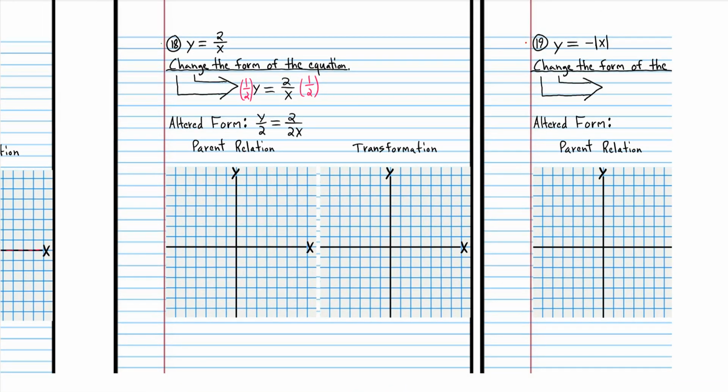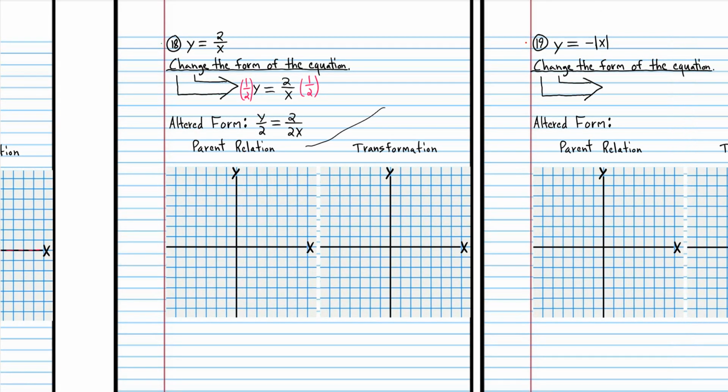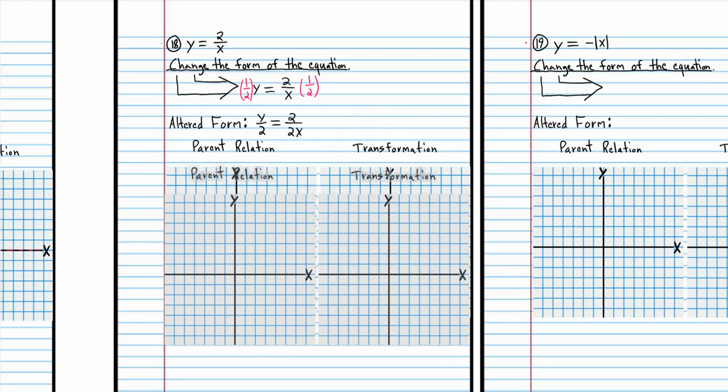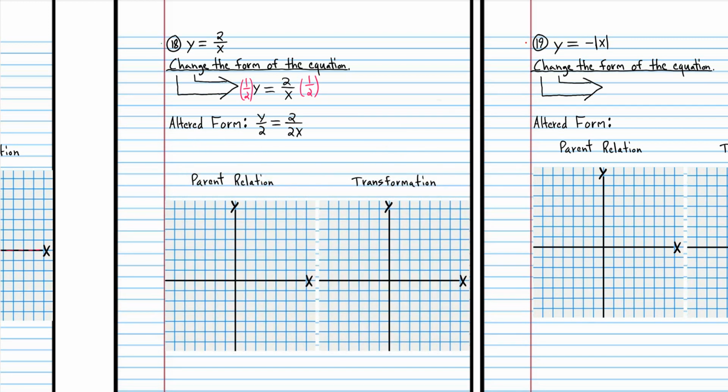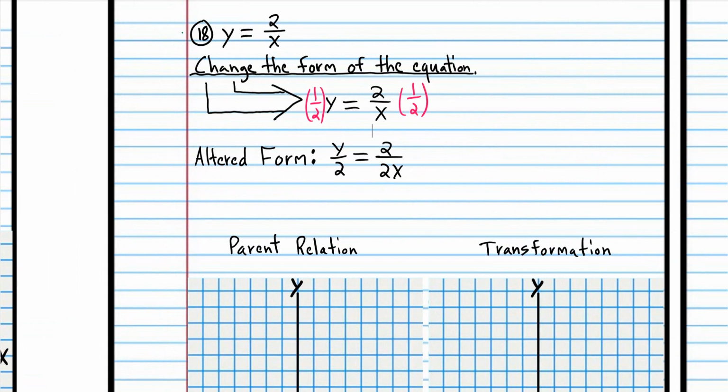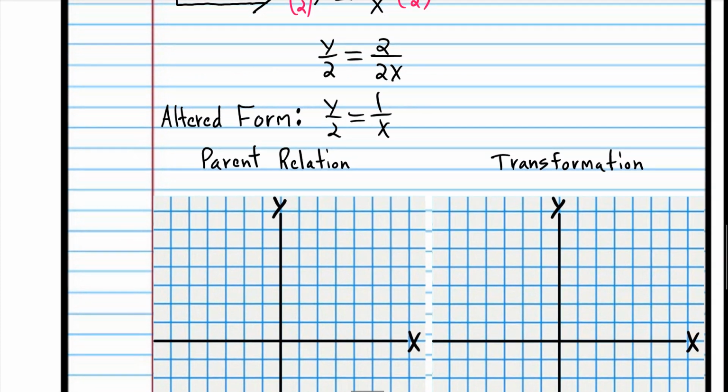You don't have to write that 2 over 2x. You can just cancel out the 2 in your head if you want to, but I'm going to show that step. So we end up with y over 2 is equal to 1 over x.